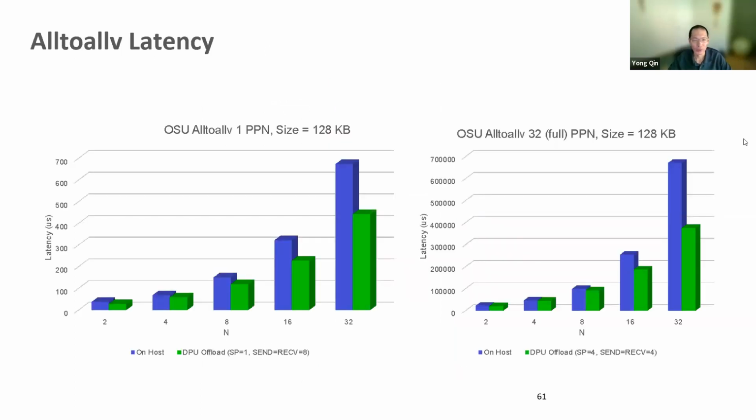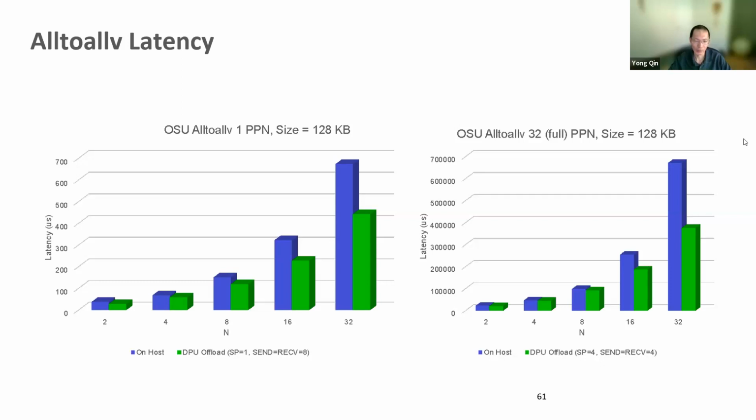So here I'm showing you some of the data that we collected from an offloaded AlltoAllV. This slide shows you some of the latency data. This data was collected for a particular message size of 128 kilobytes. By the way, the left-hand side is the 1 PPN case, the right-hand side is the 4 PPN case, and in this case, it's 32 PPN.